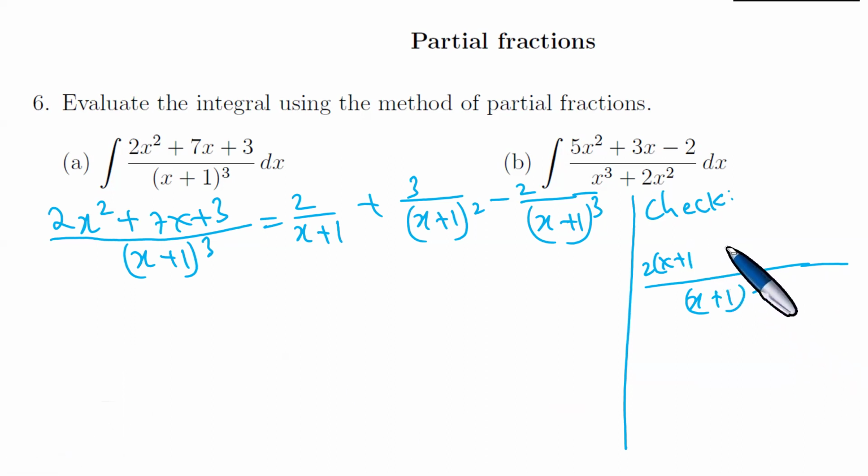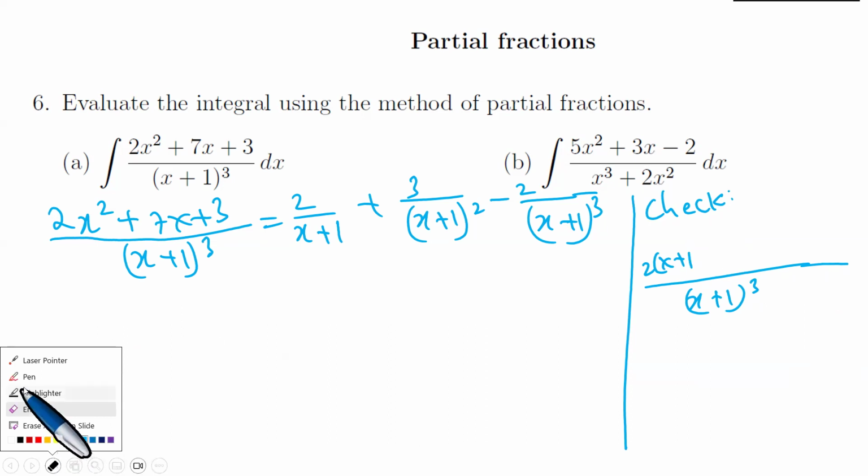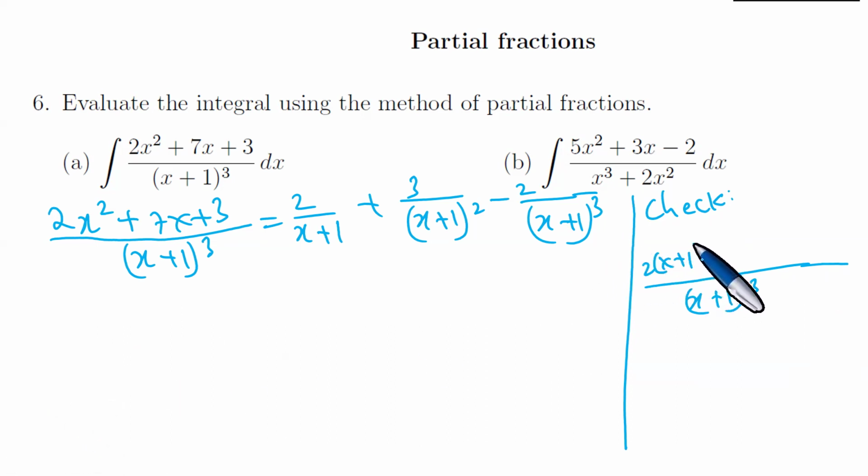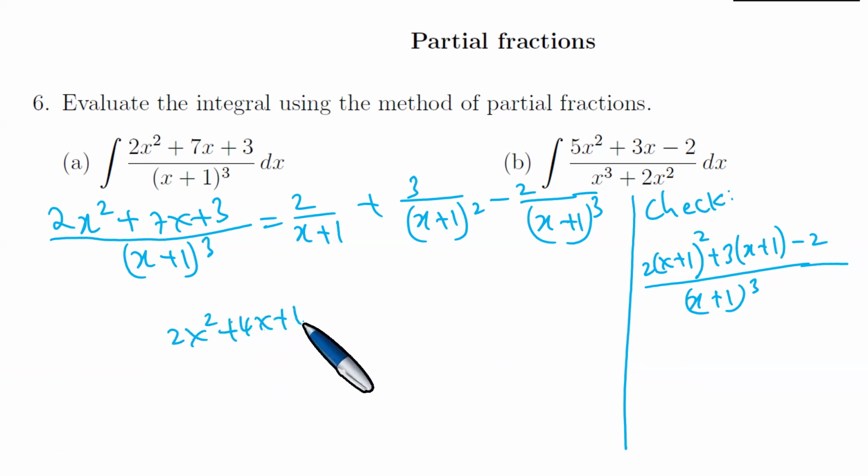So you have that. You have 3, and then you divide this one by that. And then minus 2. So that now we have 2x squared plus 4x plus 1, 3x plus 3 minus 2, which is 1.